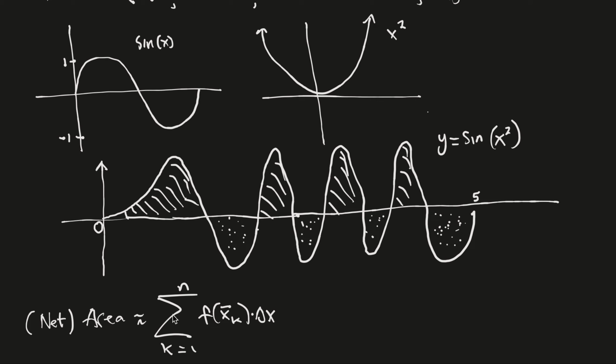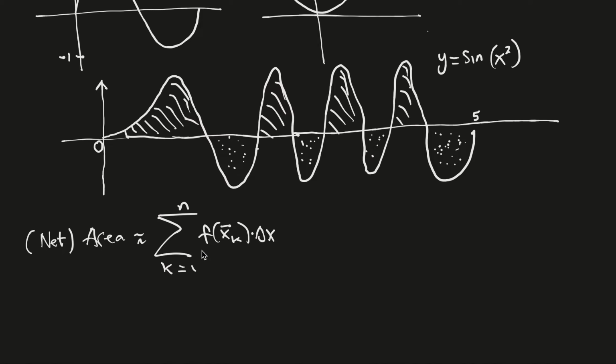So let's see what the process is for this specific example. Okay, so again, remember the interval here is from 0 to 5. You can see it on my sketch. So I will do the interval 0 and 5, and then the next thing you want to do is to compute the delta.